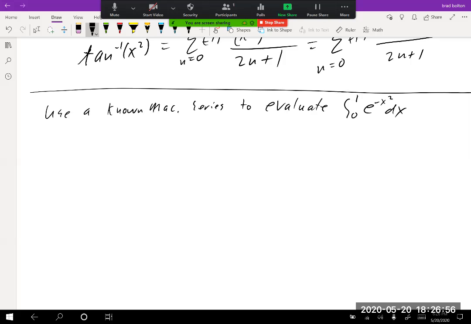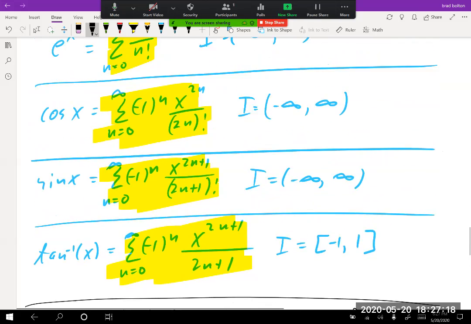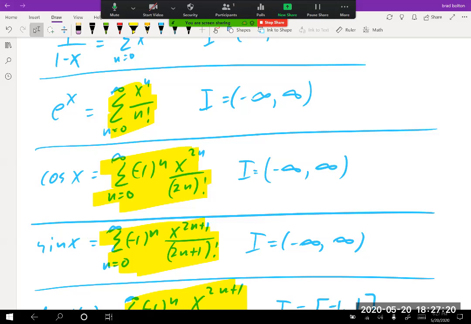Now we know that a Maclaurin series can be a good representative of e to the x on the entire number line. So we're going to work with this on e to the negative x squared. First we have to generate e to the negative x squared. Well, we know from looking up here, e to the x is just the sum of x to the n over n factorial.